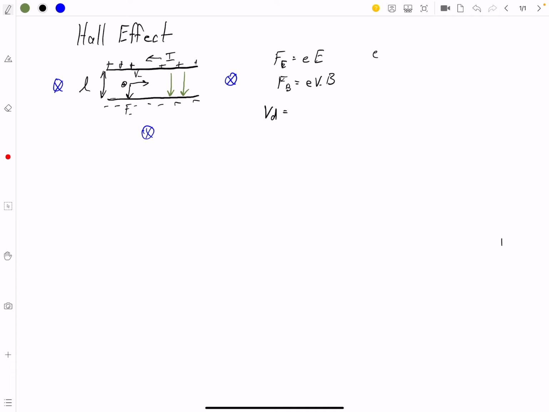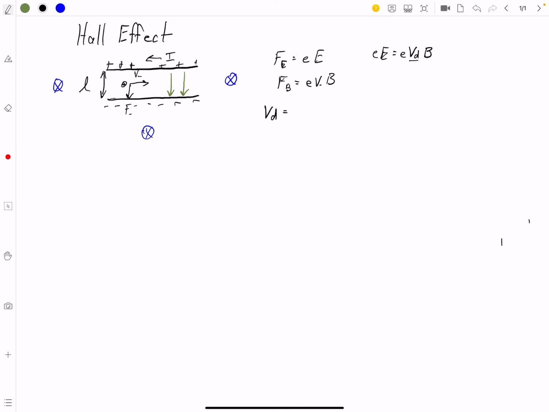Let's do E equals v_D times B, because technically that velocity for that charged particle is the drift velocity through the material.